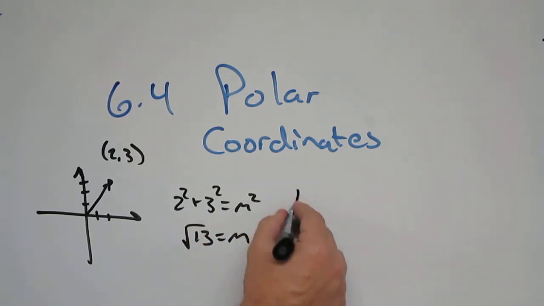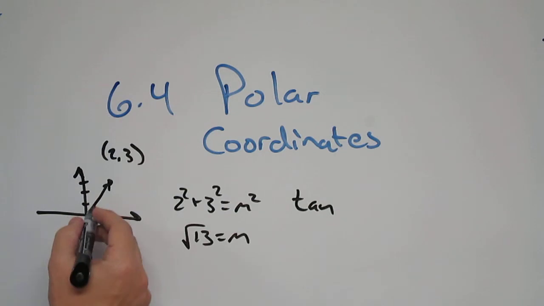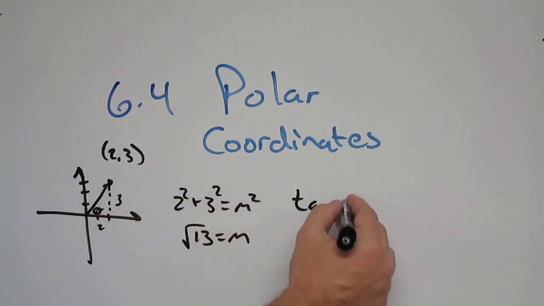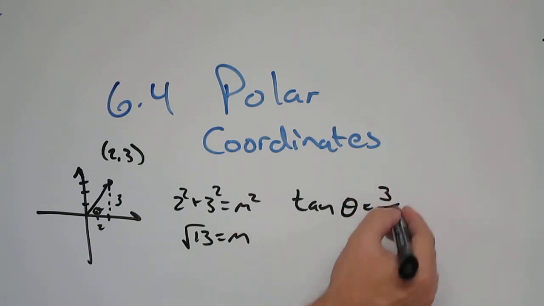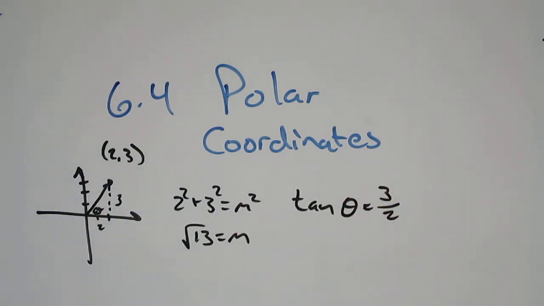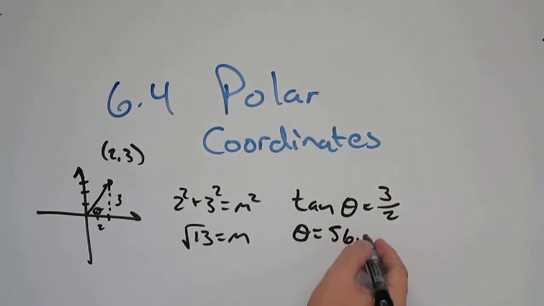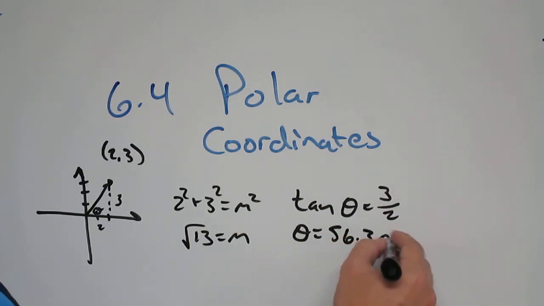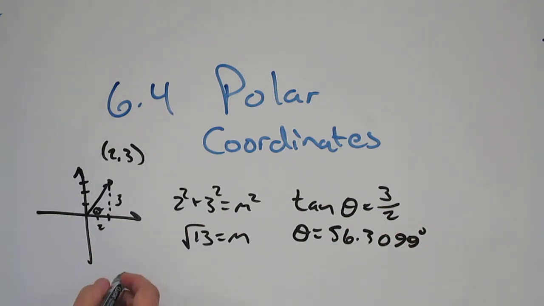Then I would use inverse tangent, because the tangent of this angle is equal to opposite over adjacent. When I do that inverse tangent, I get that theta is approximately 56.3099 degrees.